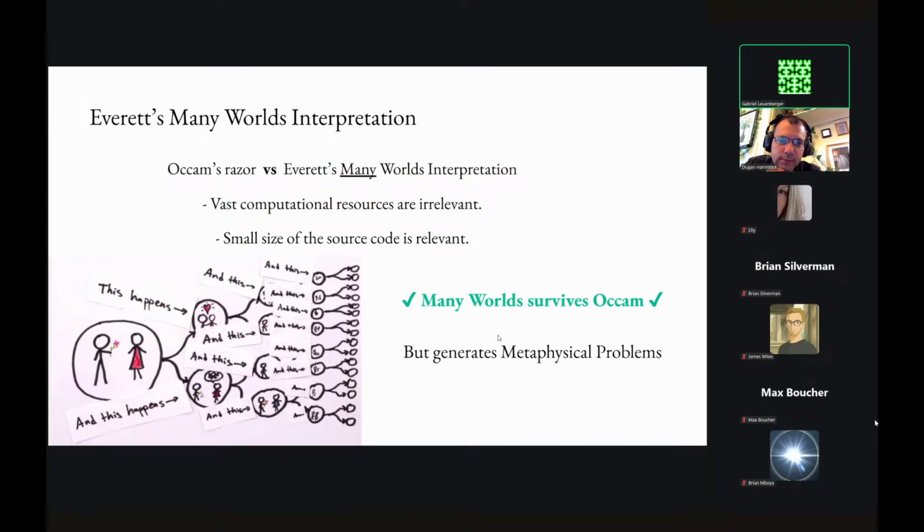And then some physicists might say, but there are a bunch of metaphysical problems that come from that. And then they don't want to deal with these metaphysical problems and they reject the many worlds interpretation because of that. But actually, they are also resolved. These metaphysical problems, you can resolve them also via algorithmic information theory again.